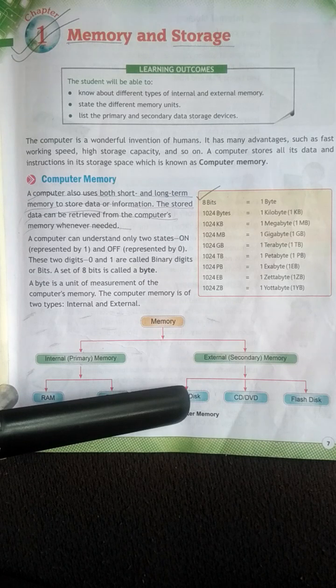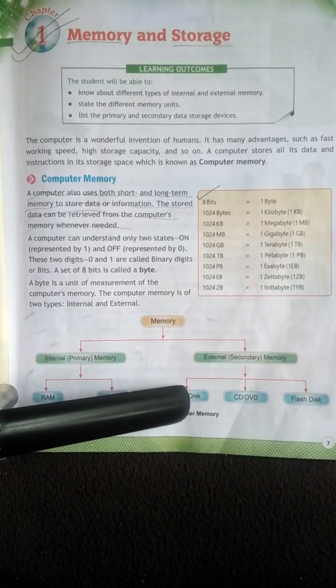So today I will demonstrate the class 4 computer chapter 1, memory and storage. I'm going to explain a little bit what this is and how we can grasp that information. In memory and storage, there are a couple of highlights, like what the students will be able to learn.